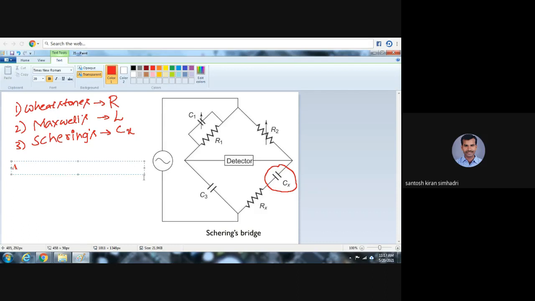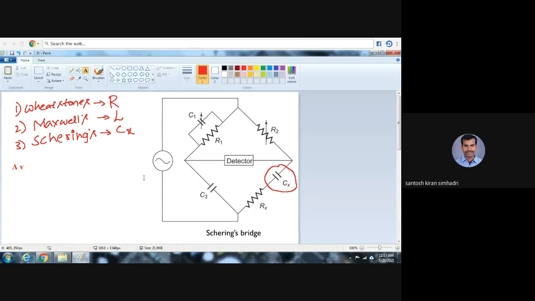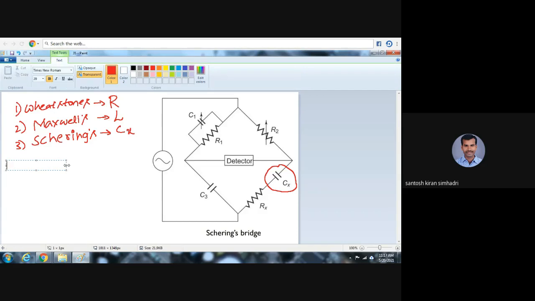A very important bridge used for precision measurement of capacitance.